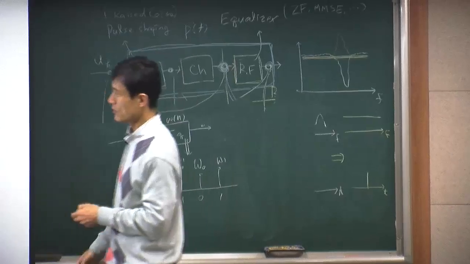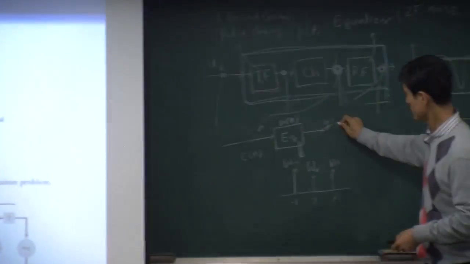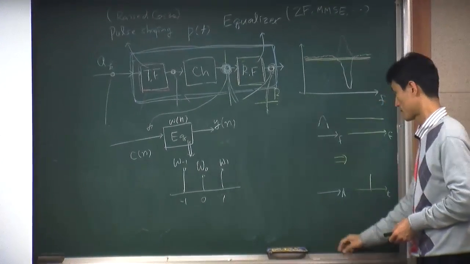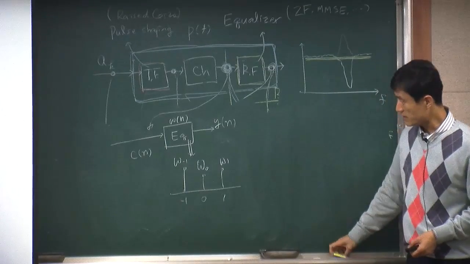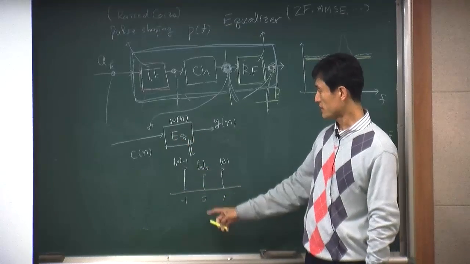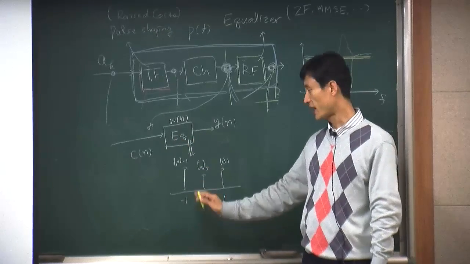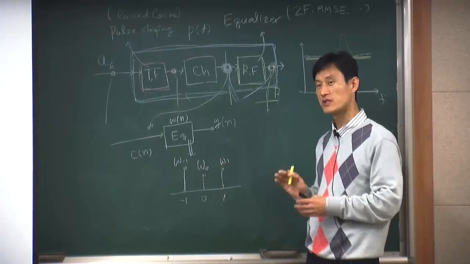And after that, we have our output Y. Let's call this output Yn. So Cn is the input to the equalizer. Now the equalizer looks like this. We have multiple taps, and how many taps we have, we need to decide.